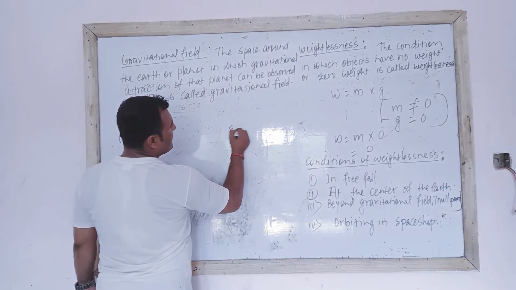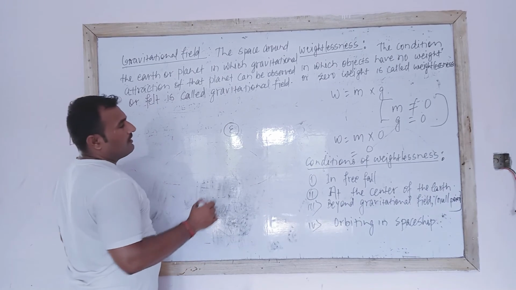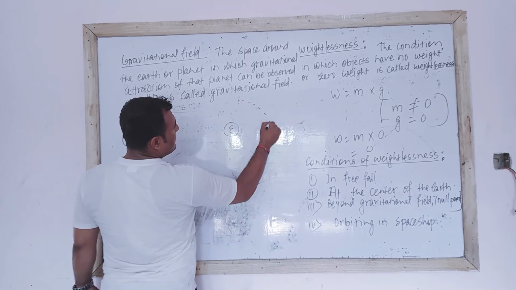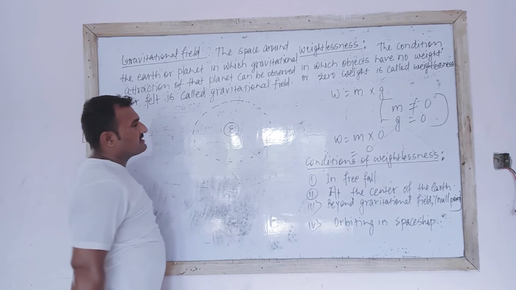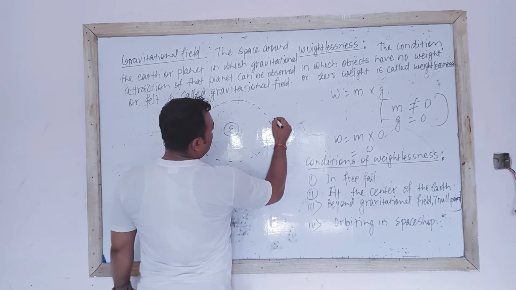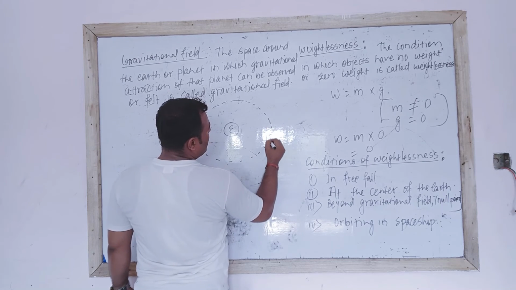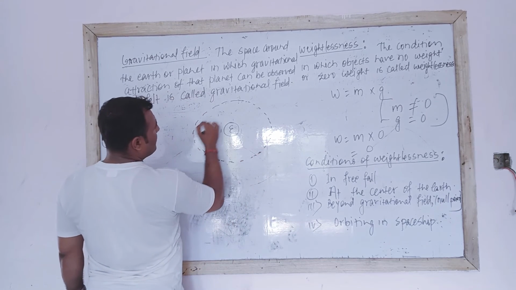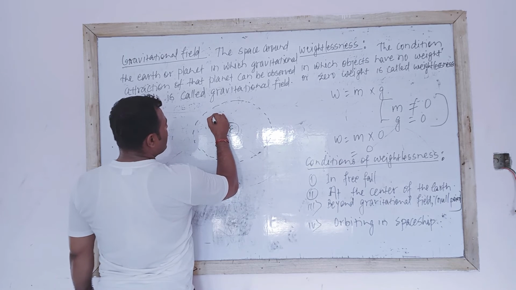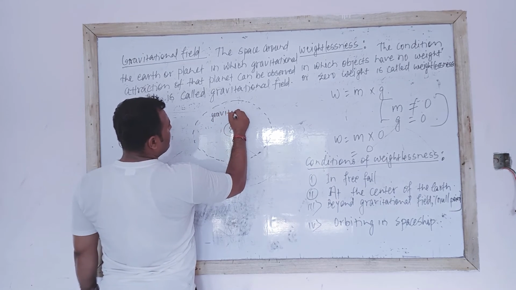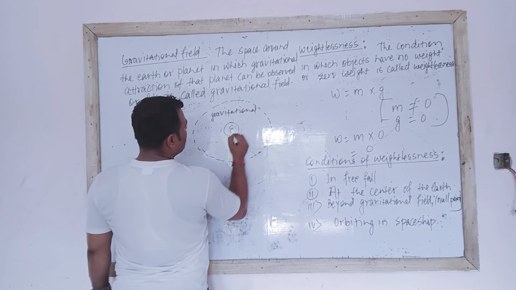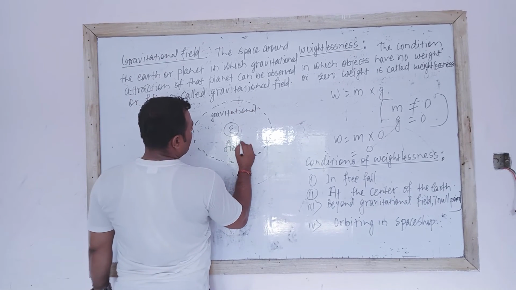If you consider the earth, this is the area around the earth's surface in which gravitational attraction force can be felt, and beyond that no gravitational attraction force is found, then this space is known as the gravitational field of the earth.